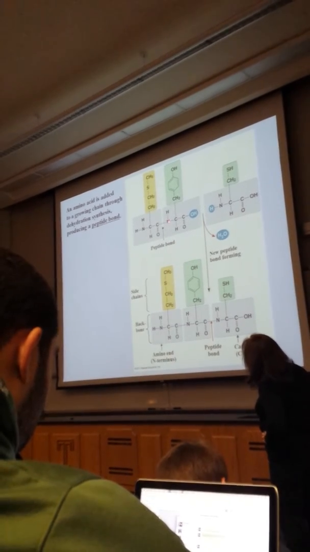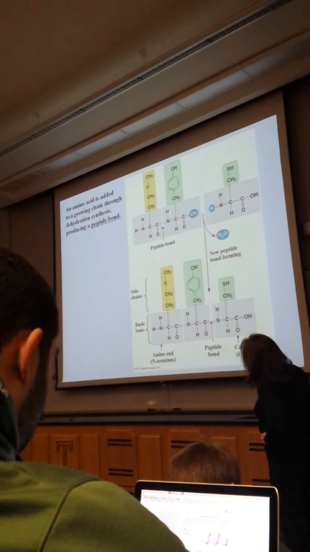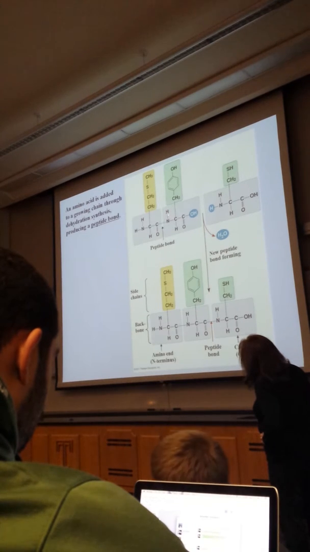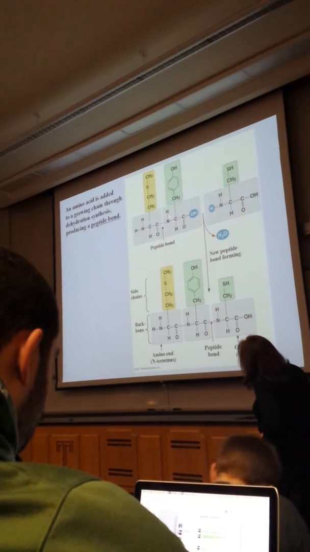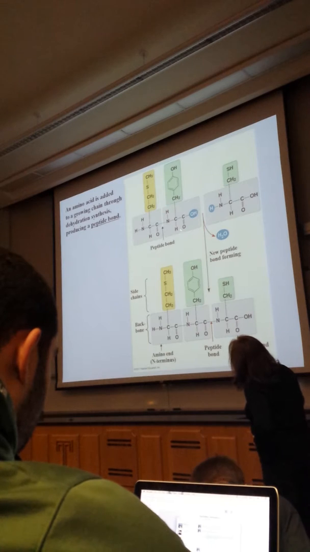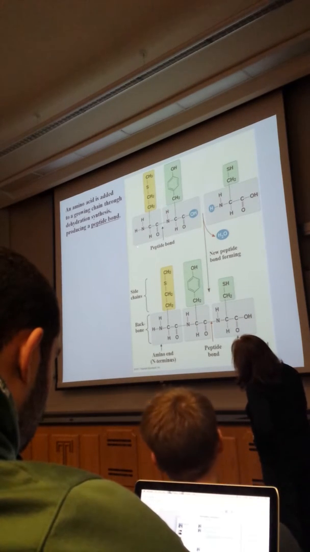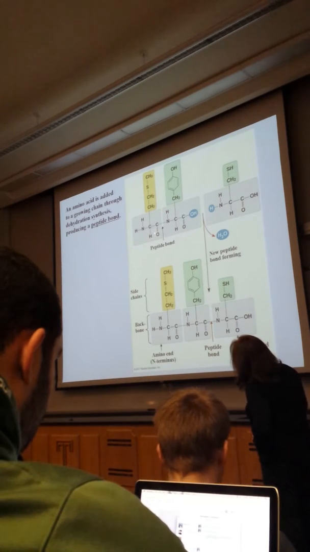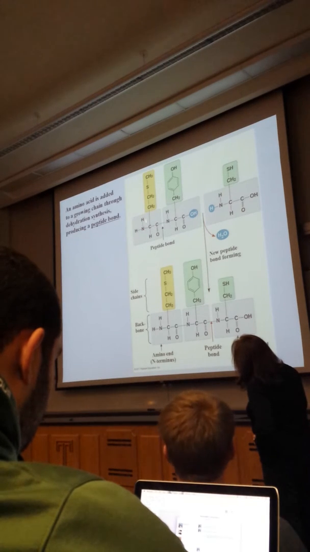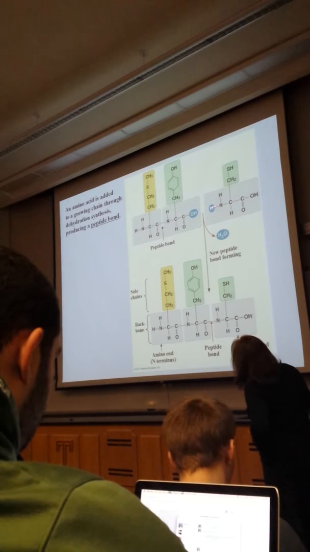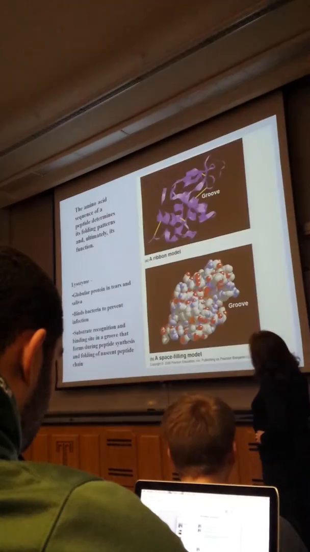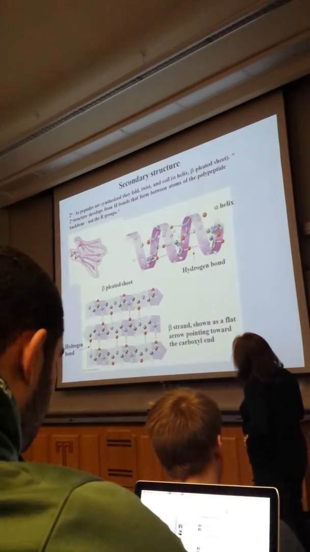So nitrogen with its hydrogen will be able to share this hydrogen with the oxygen of a carbonyl and set up a hydrogen bond. And it's these hydrogen bonds that form between the oxygen of a carbonyl and the nitrogens on the peptide backbone that establish what we call secondary structure.